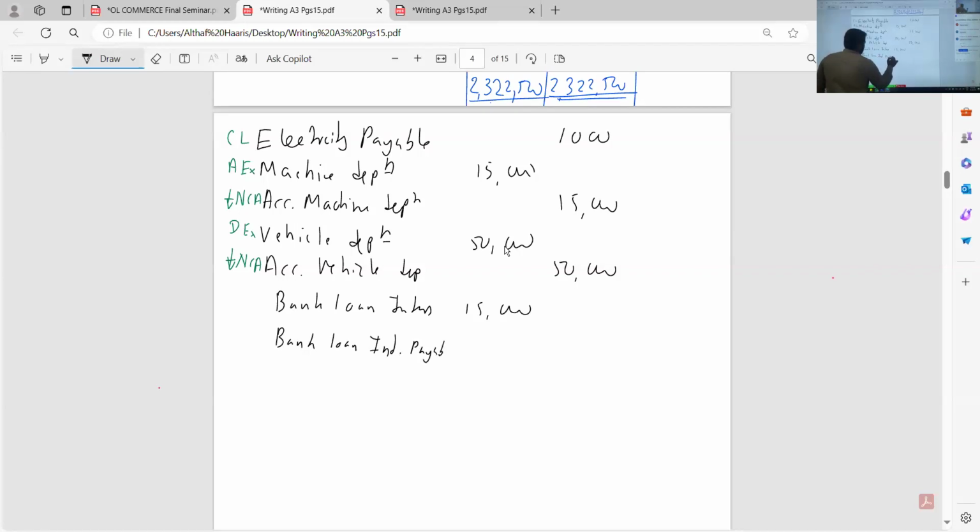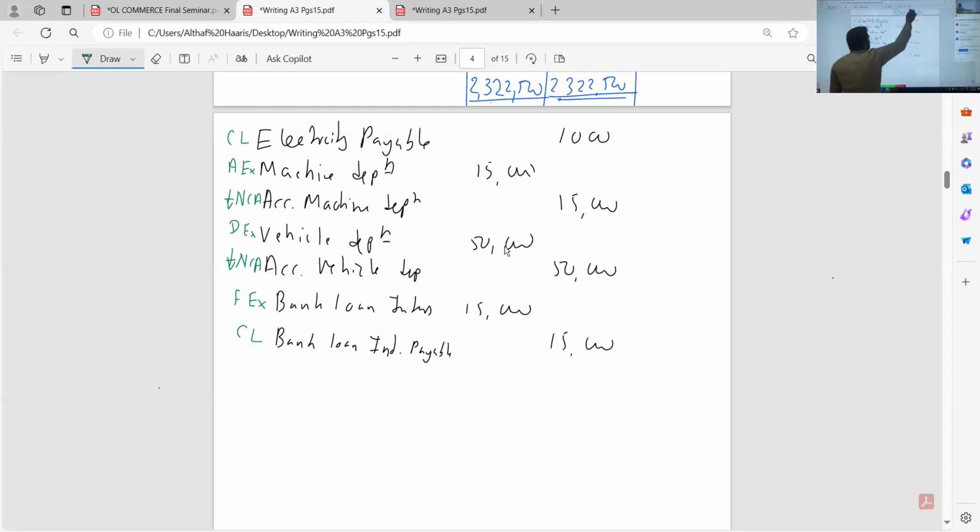This interest is not yet paid, so it is credit 15,000. This is a hidden adjustment you will have in your exam. Do remember that. So this is a finance expense, and this is a current liability.